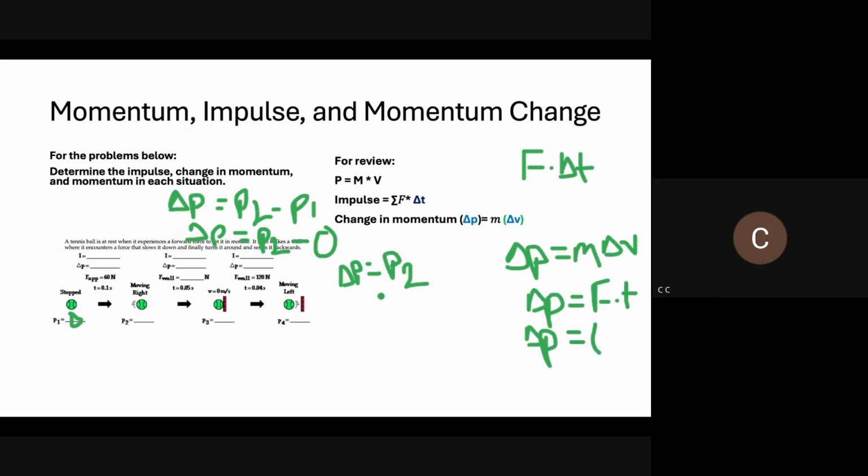The hit from the ball. How much is the force? 60 newtons. And how long do we experience that force? 0.1 seconds. So if we do 60 times 0.1, we get a change in momentum of how much?